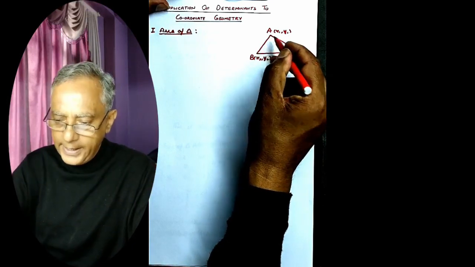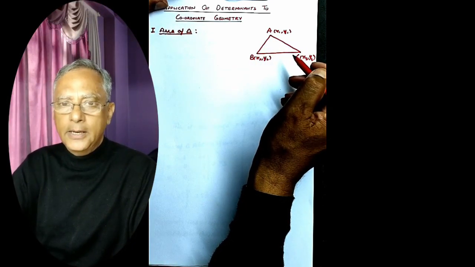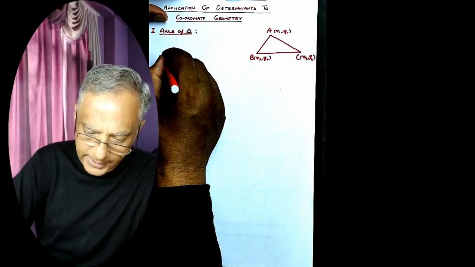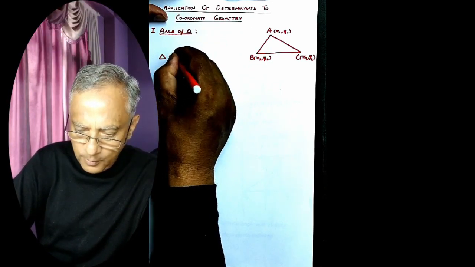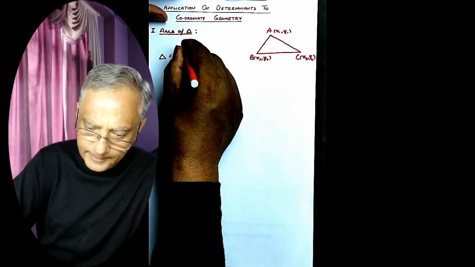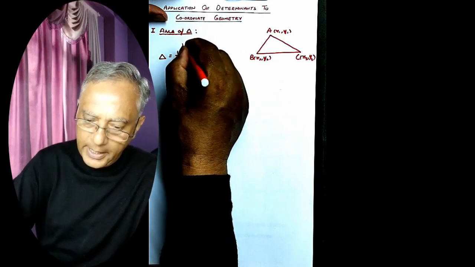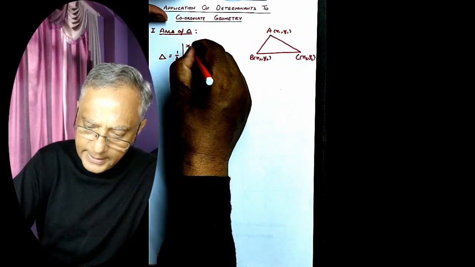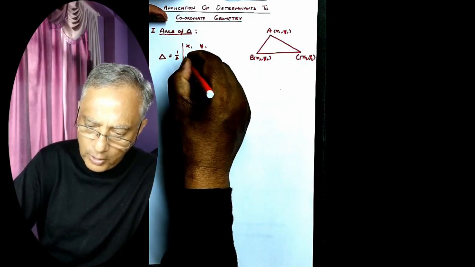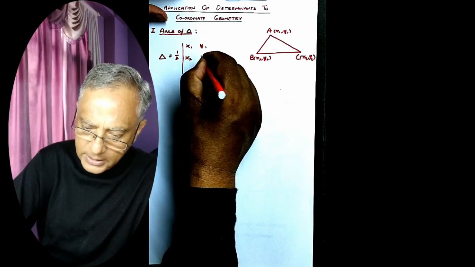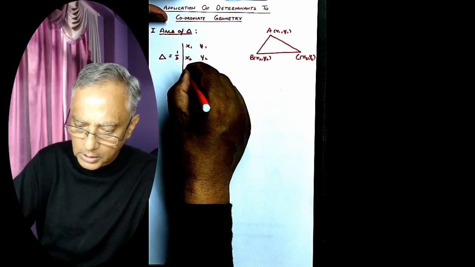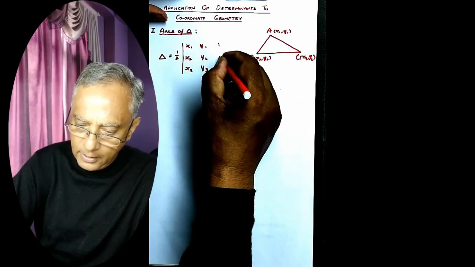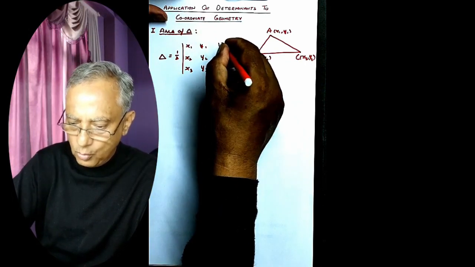Now how to find the area of this triangle using determinants? What we do is we define delta equal to half of the determinant of, now the first vertex is x1, y1. What we write is x1, y1. The second vertex is x2, y2. The third vertex is x3, y3, and write 1, 1, 1.